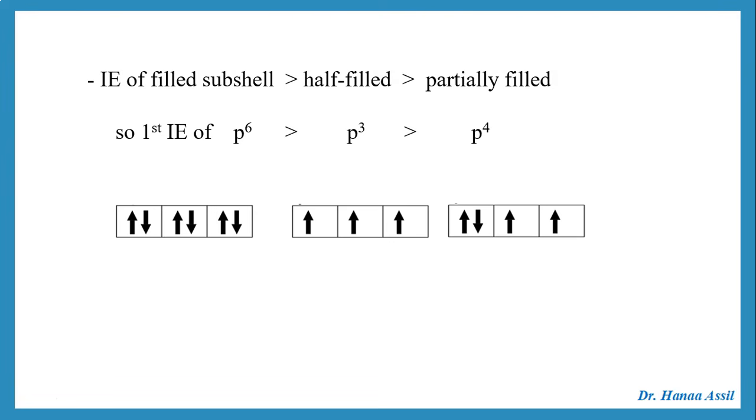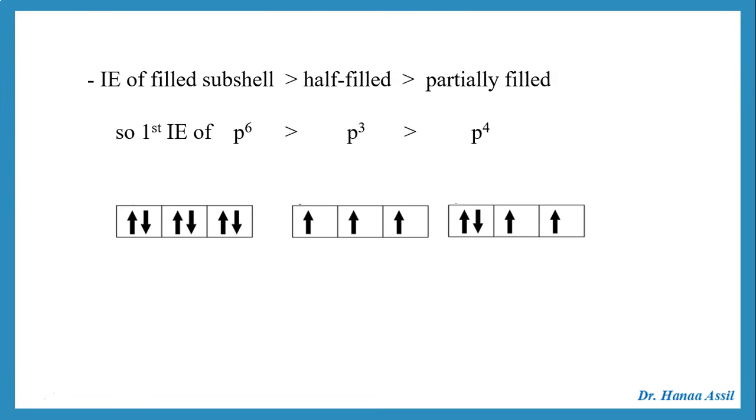Remember that paired electrons repel each other. So it's easier to remove an electron from a paired p orbital than to remove it from a p3 sublevel, in which the half-filled sublevel is stable. And if I remove the electron from a filled sublevel, that is more stable and that will need more energy.